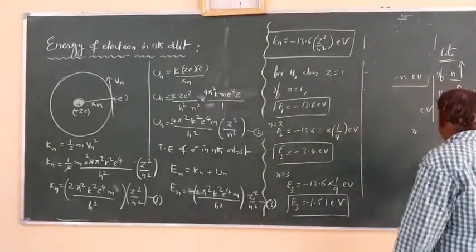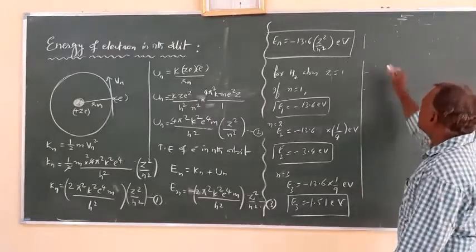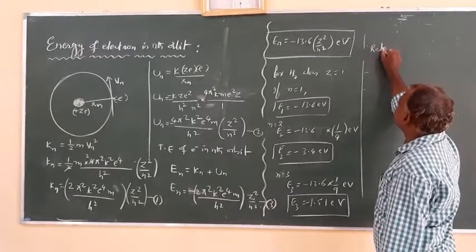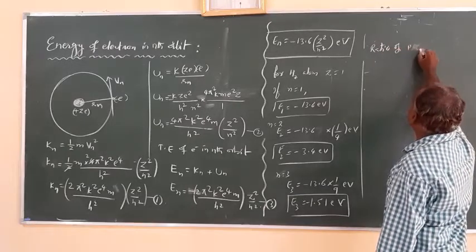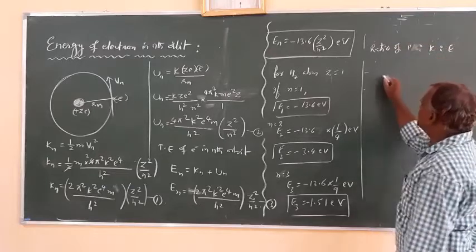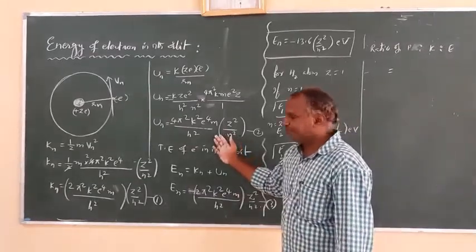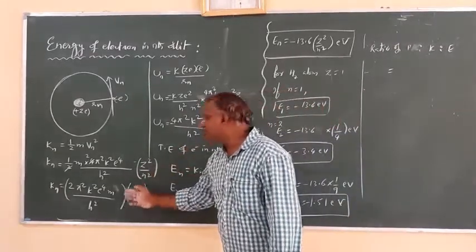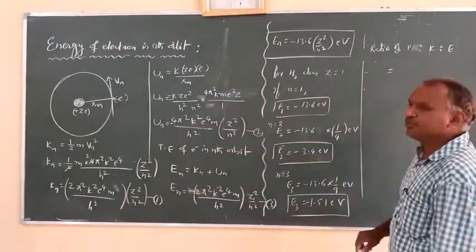So the ratio of potential energy to kinetic energy to total energy: if you see the equations, all are constants except the numerical values.